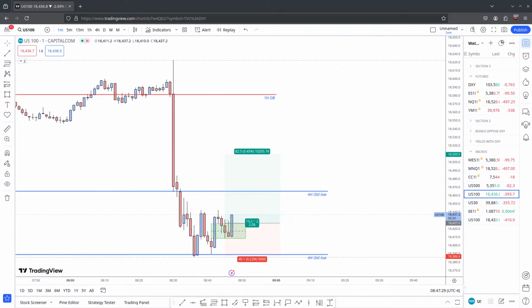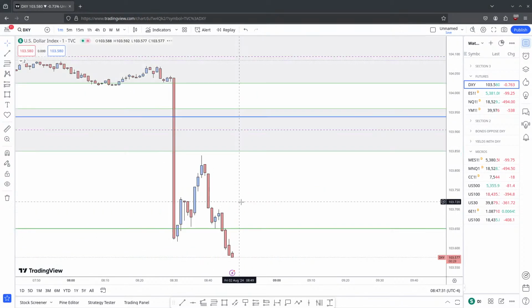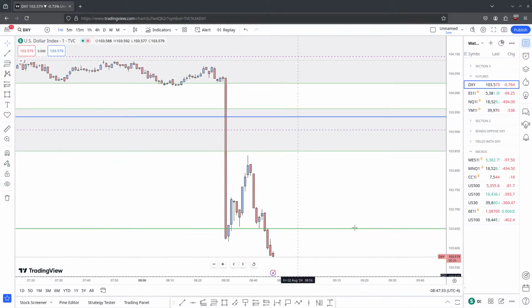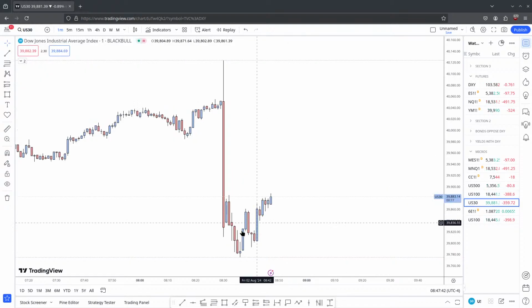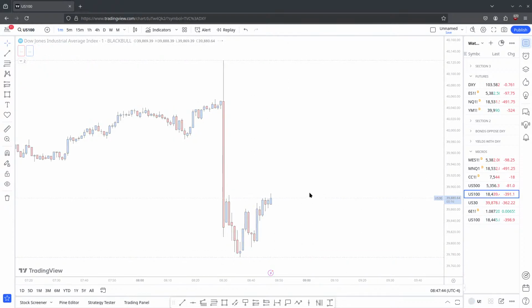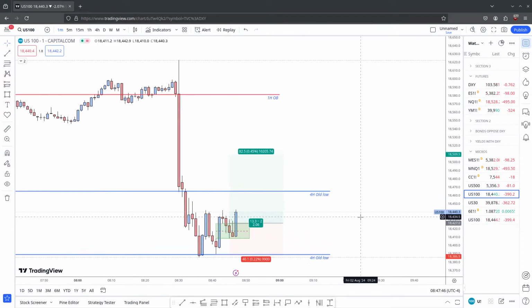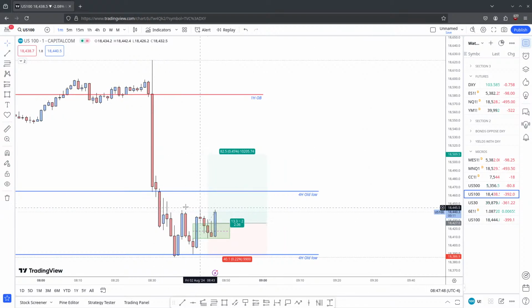Nice reaction. The dollar index now seems to be still trading lower here, which is good. We would want to see dollar trading off now lower. What is Dow doing? Dow is trading higher. So far looking good. Taking these equal highs.